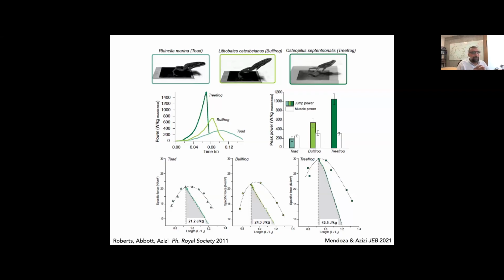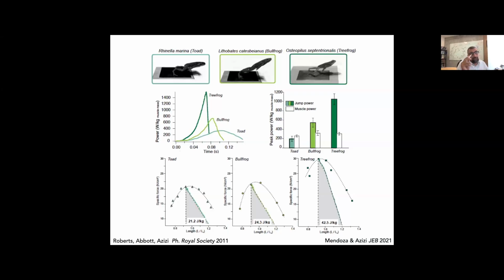Matching that high force capacity is the fact that their tendons are also stiffer. And the way you can interpret that is, what does the slope look like in that line when the muscle is shortening against the stretch of tendon? Really, the slope of these lines is also the stiffness of the tendon.